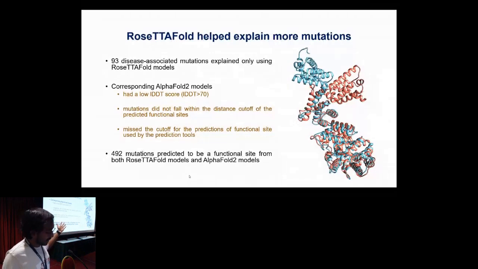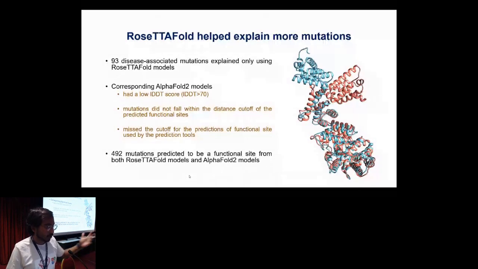So we couldn't explain 93 mutations using AlphaFold. We could explain them using the RoseTTAFold model, primarily because either the corresponding AlphaFold model was of low quality, or the mutation didn't fall within the distance cutoff of the predicted functional site. That means it was just a bit away. Say we have a distance cutoff of X angstrom, within which we say it is okay to be there.